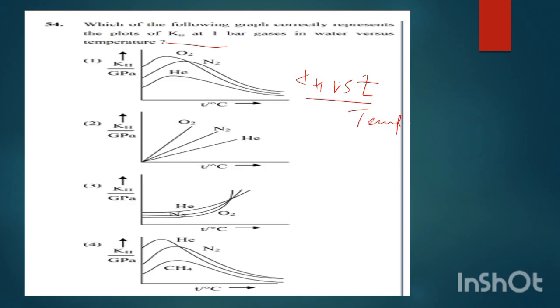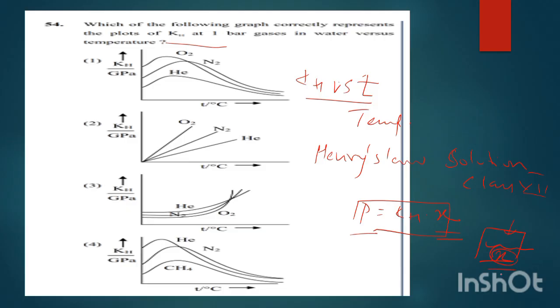If you remember Henry's law of the solution chapter of class 12th, Henry's law formula was P equal to KH X. That is, the greater the pressure, the greater will be the solubility of a gas in a solvent, that is, the greater will be the mole fraction of the gas in the solvent.